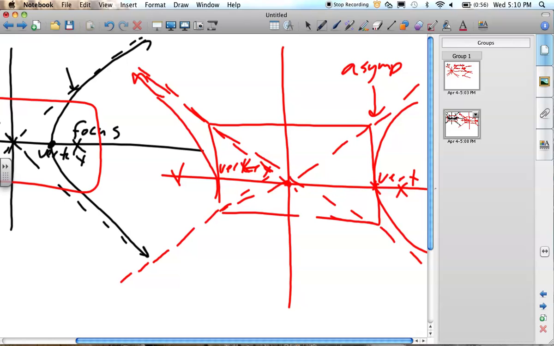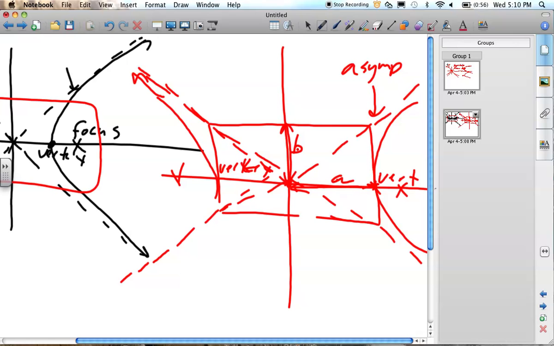This distance from the center to the vertex is a, and this distance is b. And a is always the distance from the center to the vertex. And unlike in ellipses, where a was bigger than b, this is not always true for hyperbolas. They can be different.